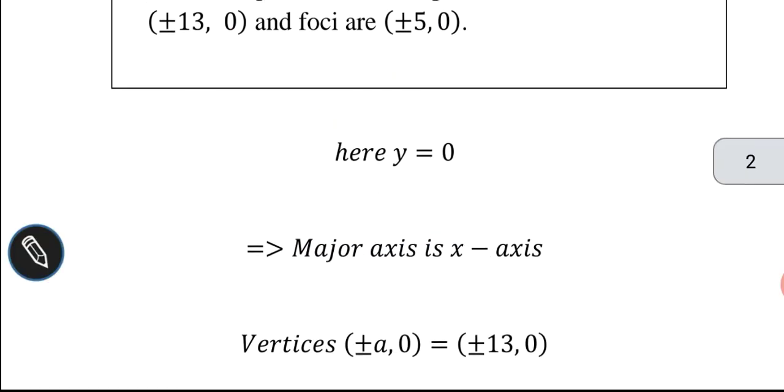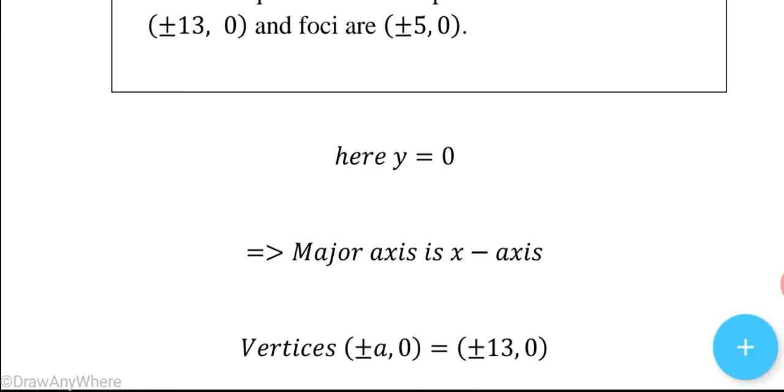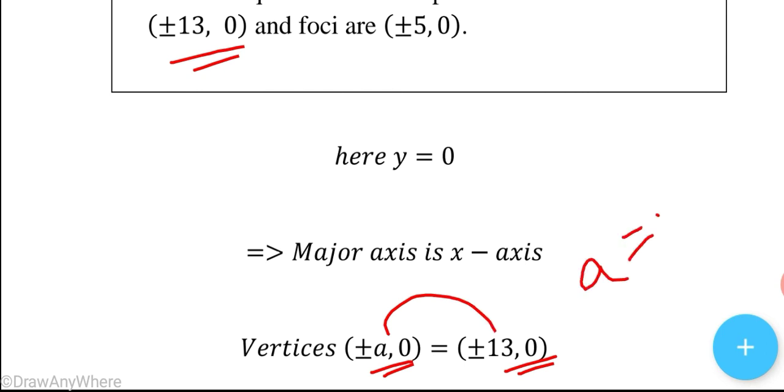The general vertex is plus or minus a comma 0, but the given vertices are plus or minus 13 comma 0. So if we compare, we get a is equal to 13.